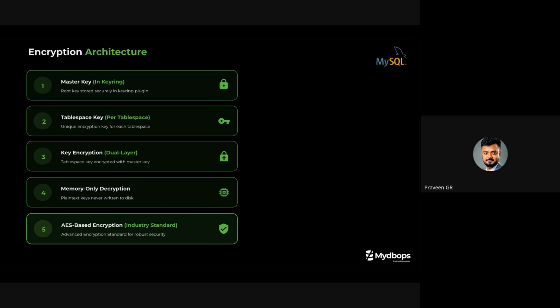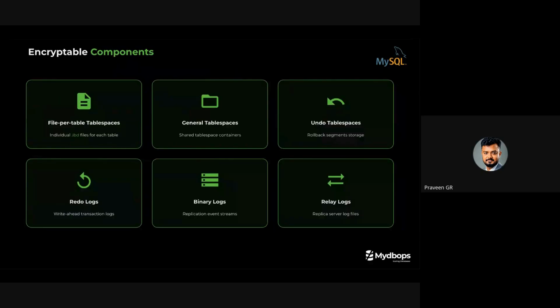So using the master key, the table key gets encrypted, whereas the other log files, like the redo log or undo log, all the logs get encrypted with the master key. As I mentioned, the encryption is handled at the memory level, so there won't be any changes required on the application side.